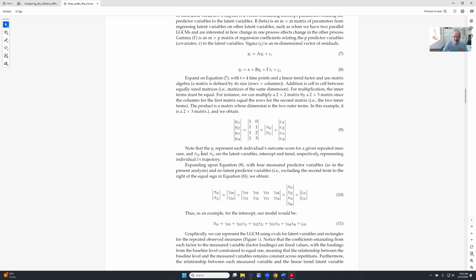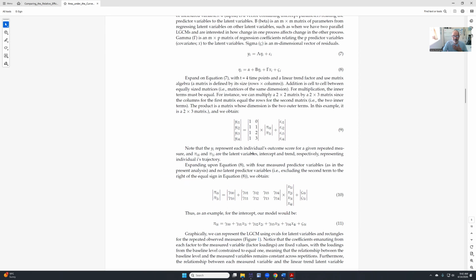I'm just looking at these nice notes that are here. Note that y sub i, these little guys here, represent each individual's outcome score. So this is just a way of organizing data. That's what makes matrices so cool. But not only that, we can represent them as equations and do work on those matrices, rather than having to work on individual values. That makes it even more cool, right?